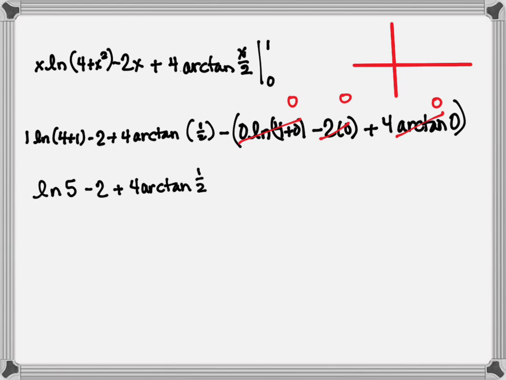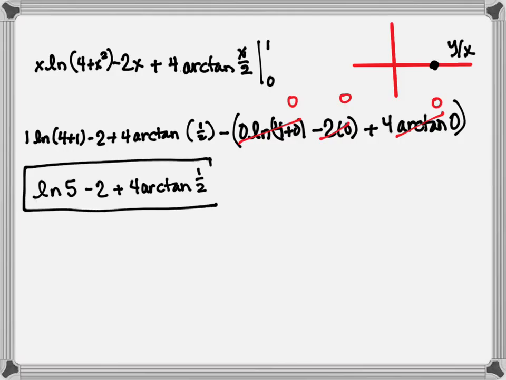But if I'm on the unit circle at 0, and I want to have my sine over my cosine value or my y over my x value, what's y? It's 0, and x is 1, so this is 0 over 1, so it is 0. This is the answer that we're looking for in all of its glory. Can't be written any cleaner, and we're finished.